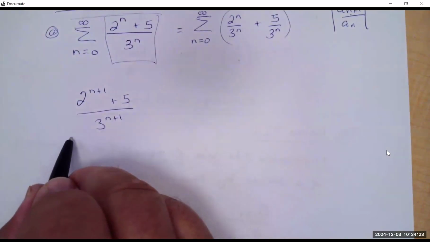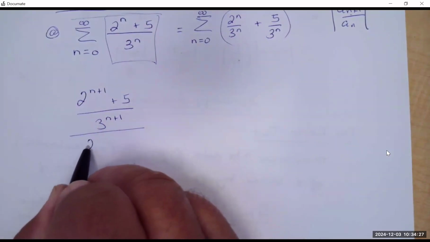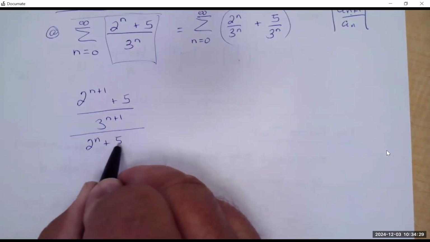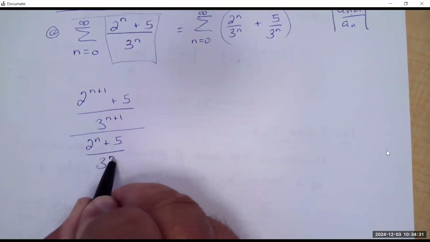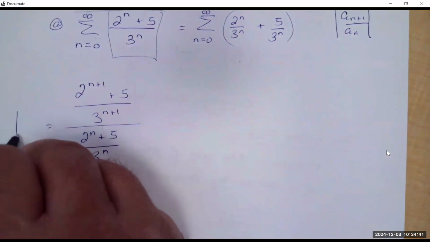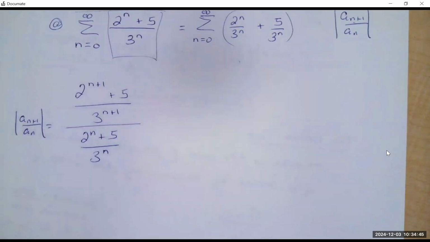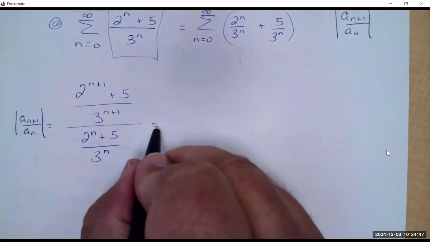That's a sub n over 2 to the power n plus 5 over 3 to the power n. I took this first. So how do I simplify that?